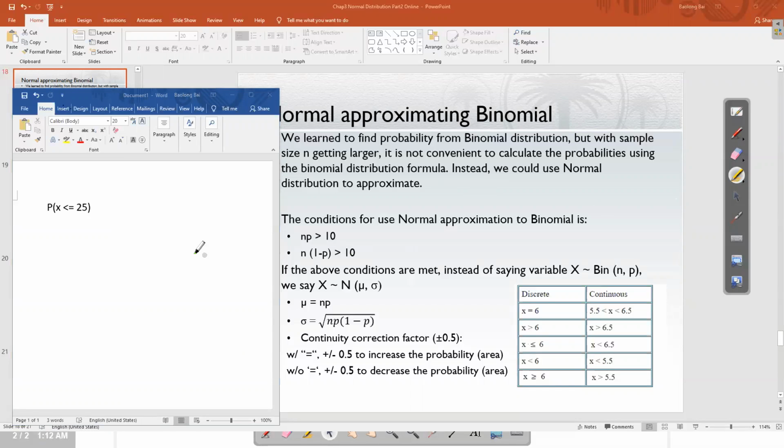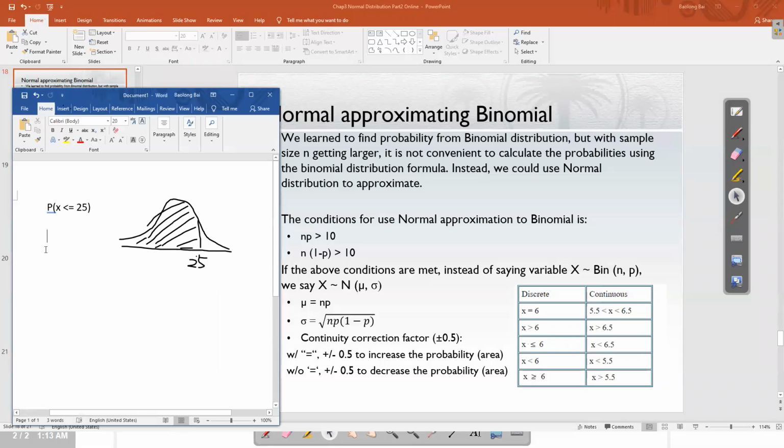We're going to draw a density curve. Let's say 25 is here, and less than or equal to 25 is from here all the way to the left, right?